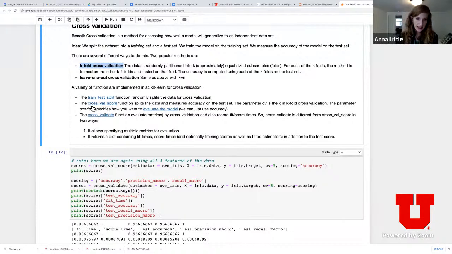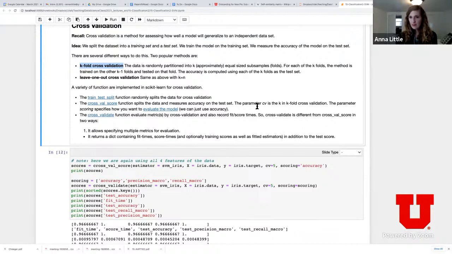The cross-val score function is really handy and super easy to work with, and it automatically splits the data and measures accuracy on the test set. This function has a built-in k-fold cross-validation procedure, but it does all of it behind the scenes. So you don't have to manually define all the folds and keep up with the accuracy on each one.